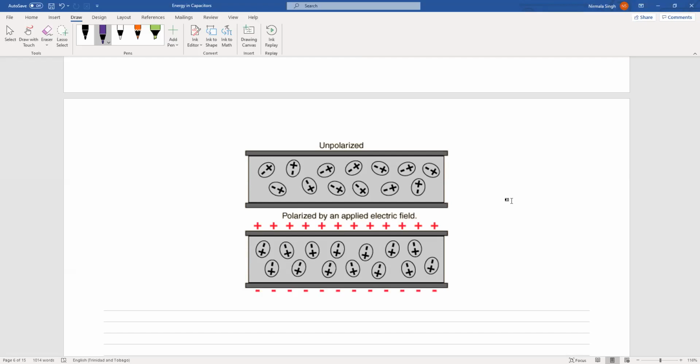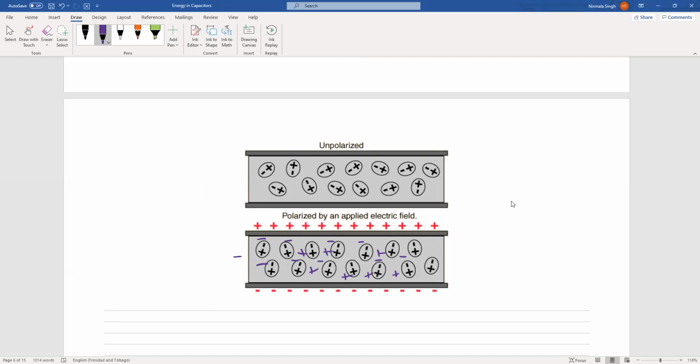And the instant we introduce a field, we cause all of them to line up in the same direction. And by doing this, we create a negative pole inside of your capacitor and a positive pole inside of your capacitor.